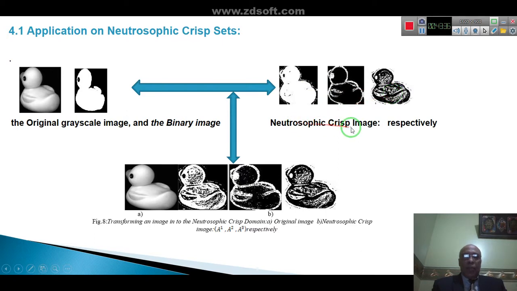The original grayscale image and binary image are converted into triples.